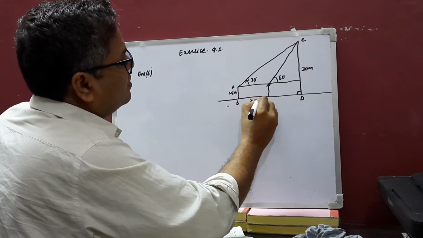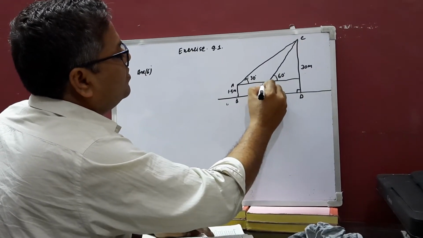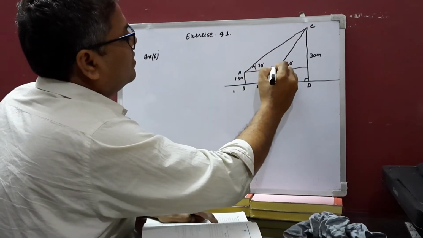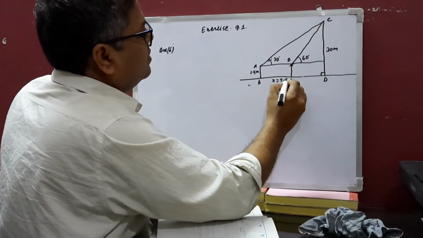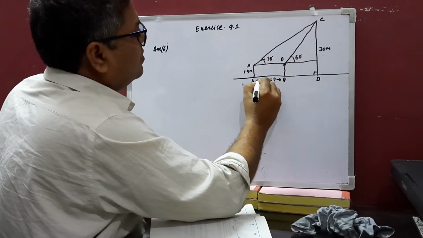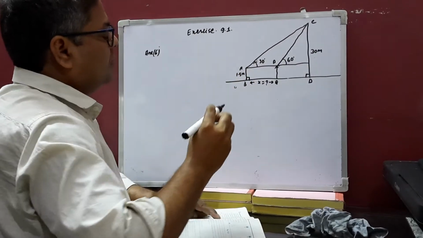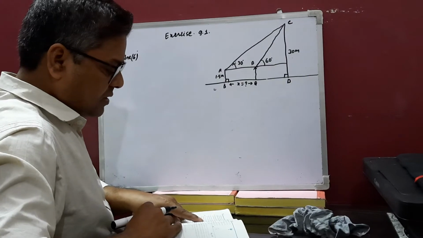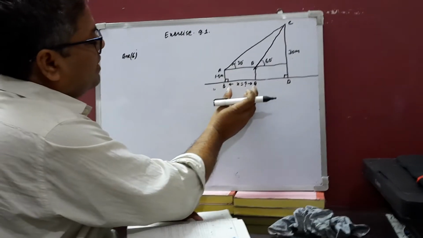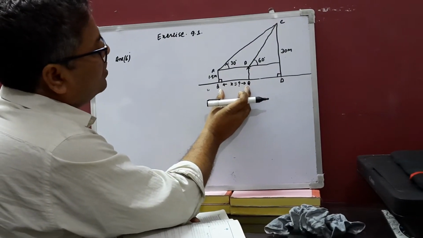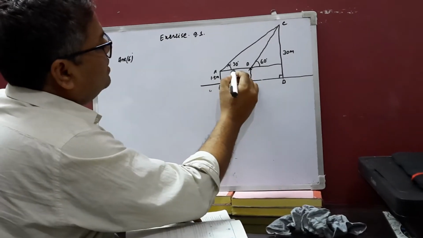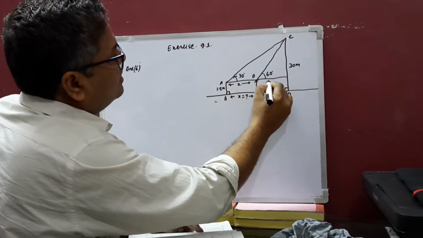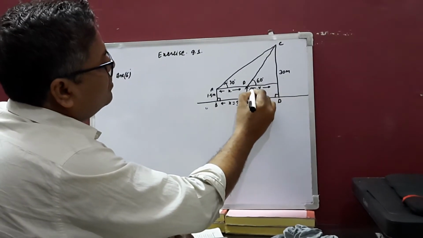This is P and this is Q. You will write here P, position. We have to find BQ. So this is X, so this will also be X, and suppose this is Y, so this is also Y.